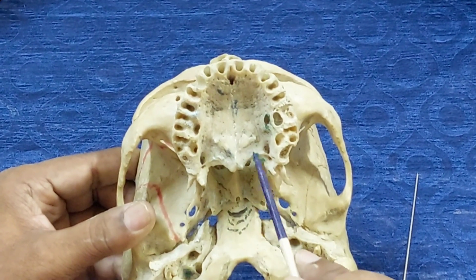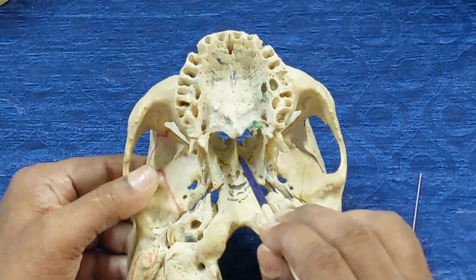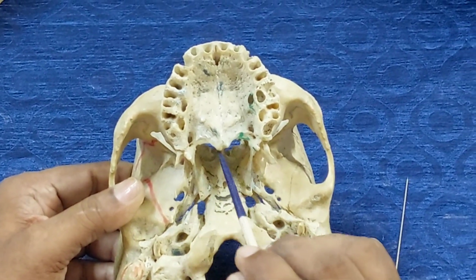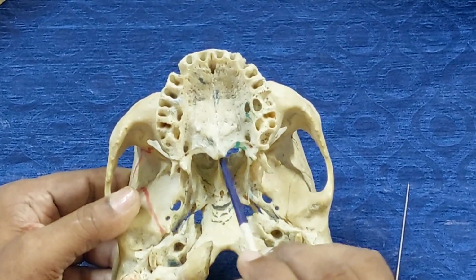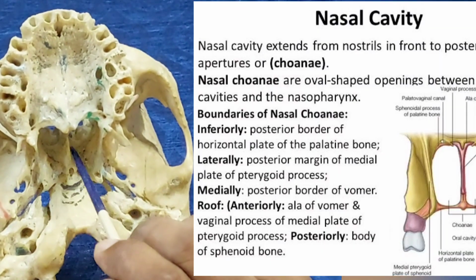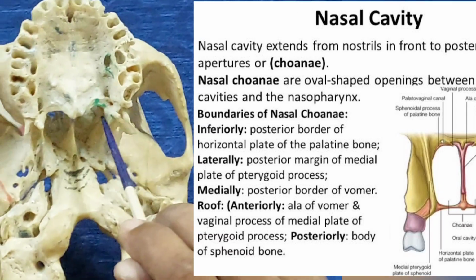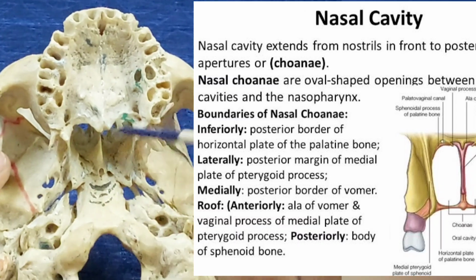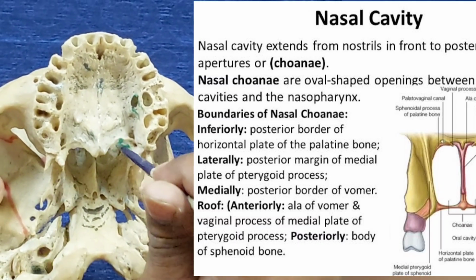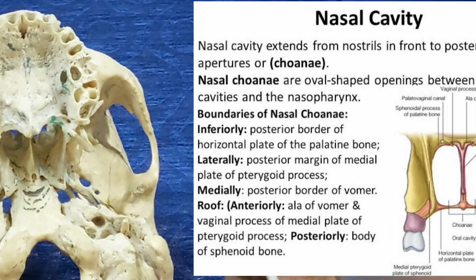This ridge is called the palatine crest, and behind this is the choana or posterior nares on both sides, and in the middle this bone is the vomer. This choana is bounded medially by the vomer and laterally by the medial pterygoid plate, and inferiorly by the posterior crescentic margin of the hard palate and superiorly by the sphenoid.